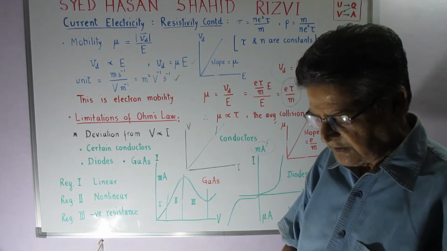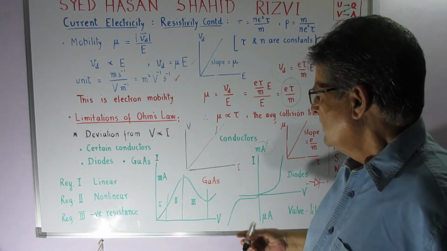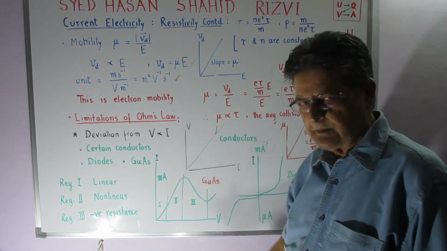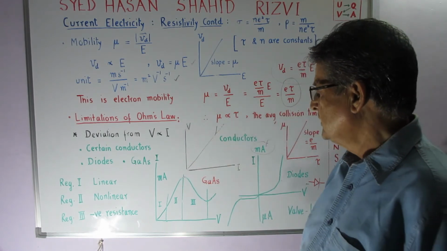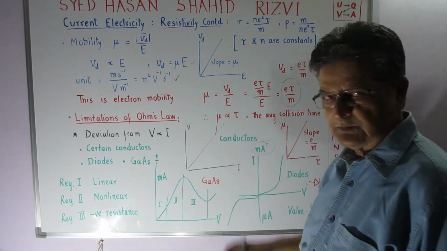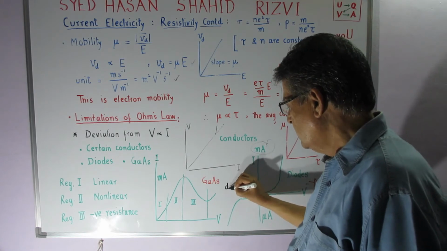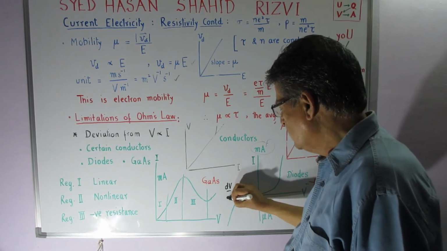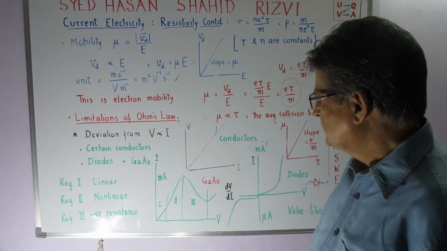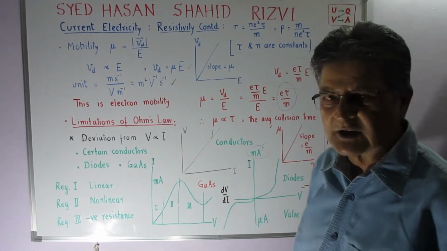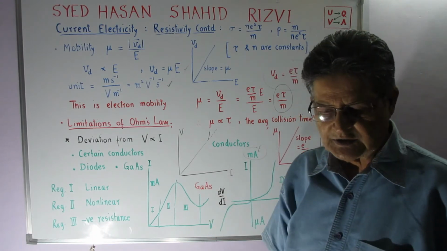But the resistance has to be defined not as V upon I. If you define the resistance as volts upon amperes, then it will be positive. But if we define it as dV upon dI, we also sometimes call it a dynamic resistance, and V upon I we call static resistance.